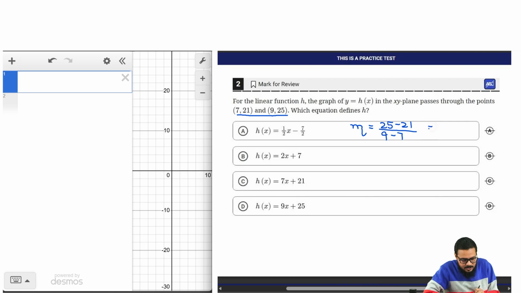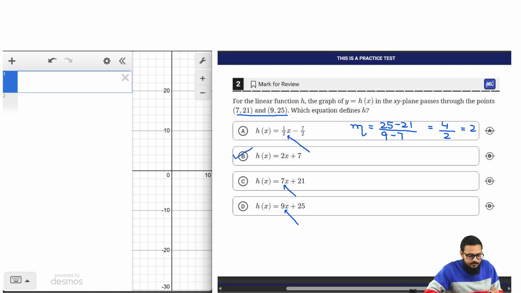That's 4 divided by 2, which is basically 2. So I've got a gradient of 2, which means that answer option D gives me a gradient of 9, C gives me 7, and answer option A gives me the gradient of the line as half. So I'm going to go with answer option B.